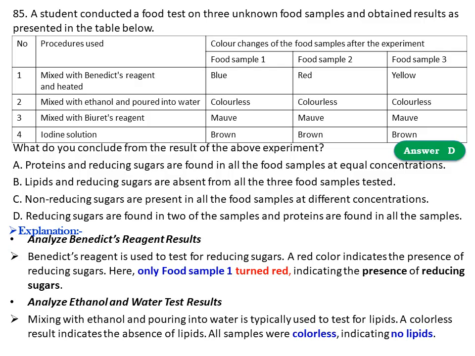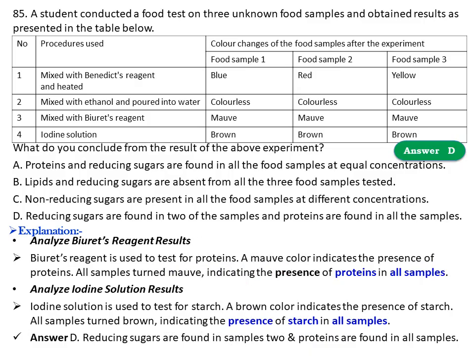When analyzing number 2, the ethanol and water test, which works for lipid, all samples are colorless, indicating no lipid. When we look at the Biuret reagent for number 3, all show a mauve color, which is the presence of protein in all samples.